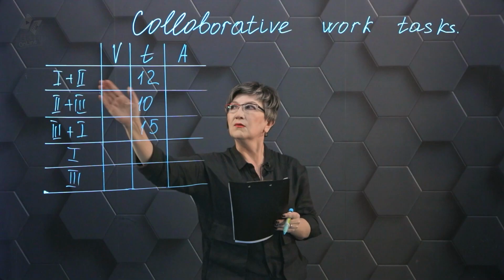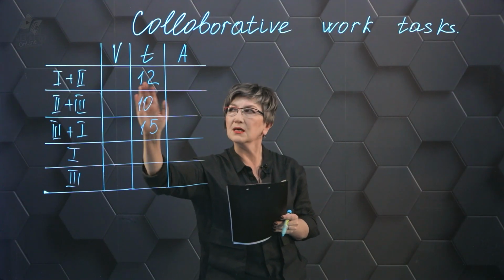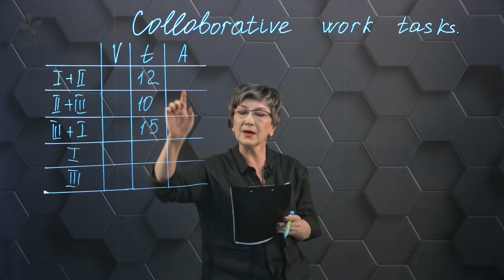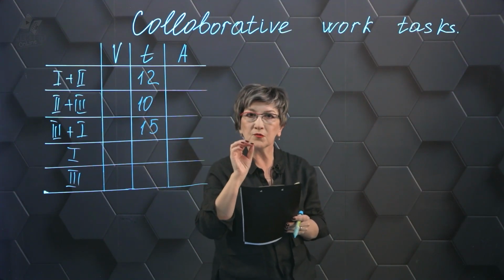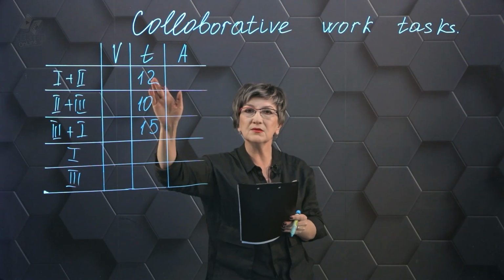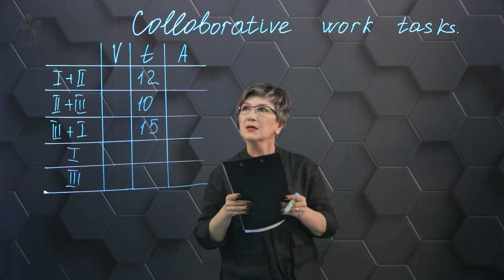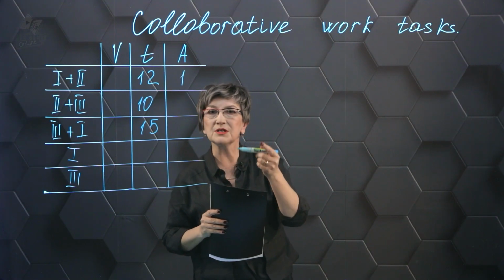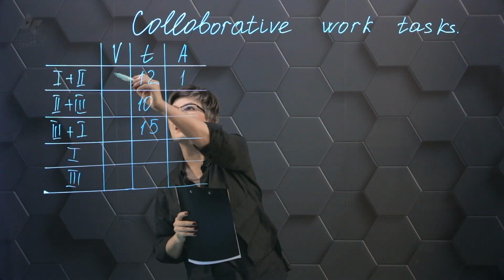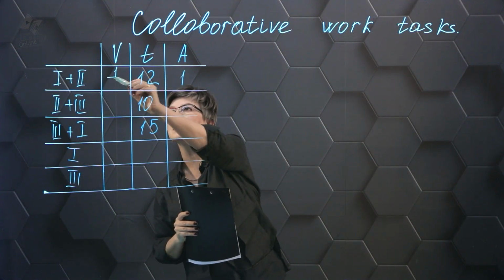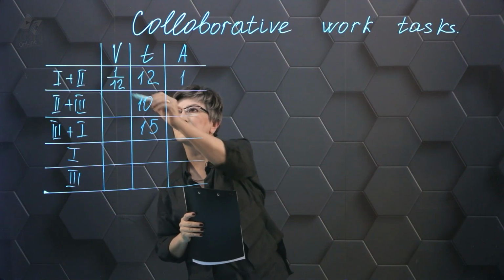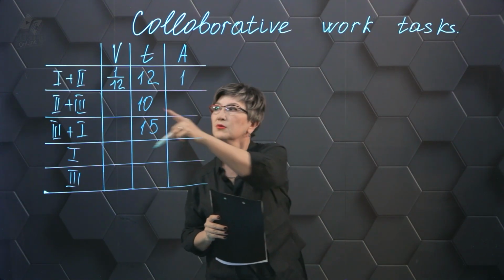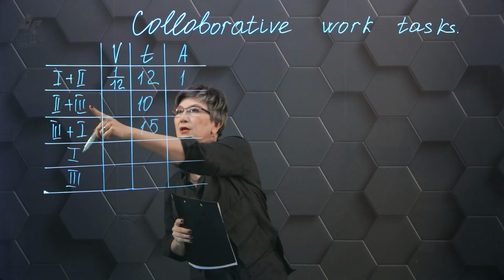But the problem condition tells us that company 1 and company 2, when they work together, build a house in 12 months. I can find the productivity of company 1 and company 2. That's 1 divided by 12. I can find the productivity of the second and third company.